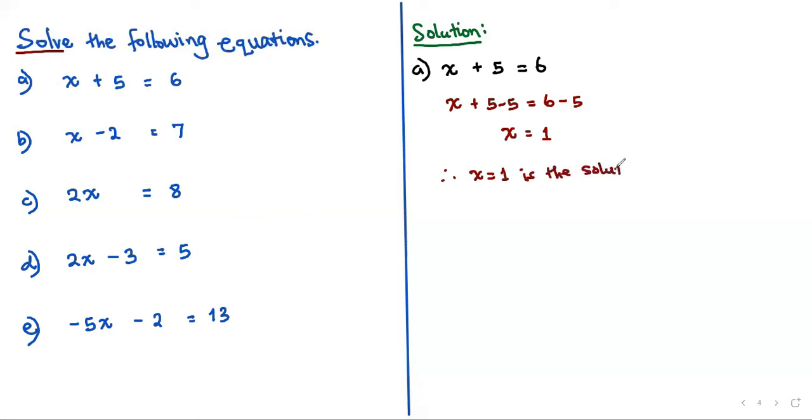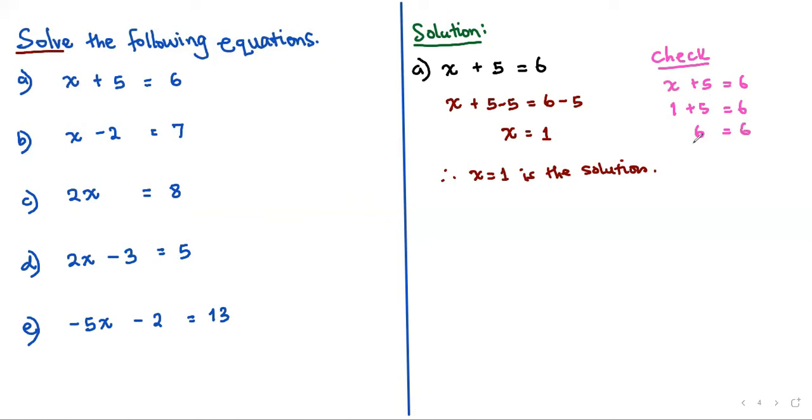So, therefore, x equals 1 is the solution to our equation. If you want to check, let's check here. x plus 5 equals 6. Now, assume that we have already got x as 1. So instead of writing x, write 1. 1 plus 5 is equal to 6. 6 is equal to 6.